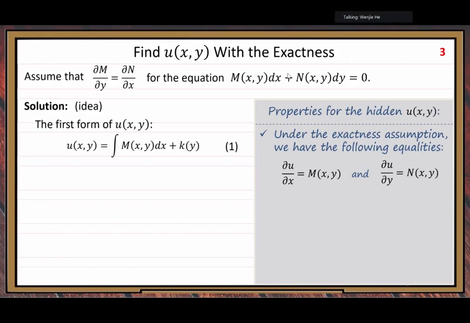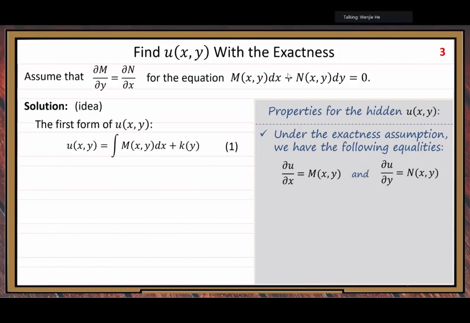Then there should be some constant part. The constant part is unknown, so we use a little k function, k of y, to represent the constant with respect to variable x. The k function is to be determined later.